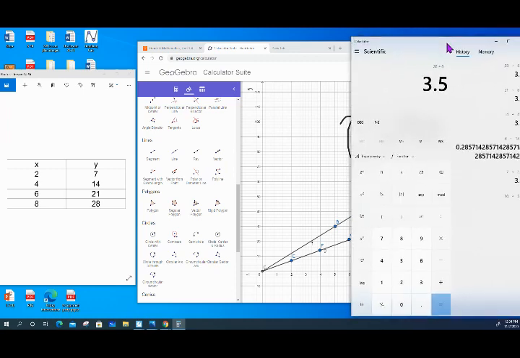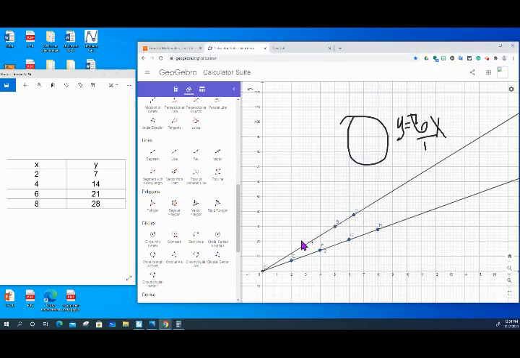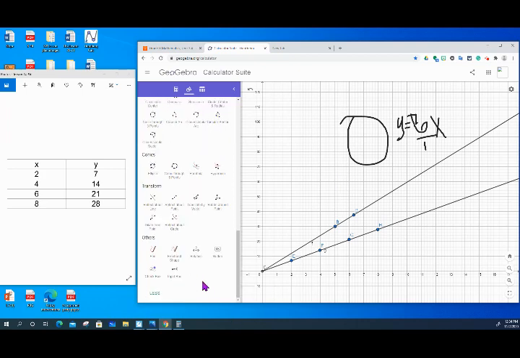So we know that that rate of change happens to be 3.5. So my equation is simply y changes at the rate of 3.5, which, by the way, now we can call these our unit rates because we talked about unit rates last year in seventh grade. 3.5 over 1.